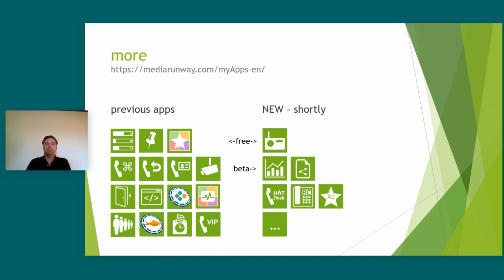And the radio app, you can hear radio, and if a caller calls you and you take the call, the radio app will be stopped. And if you release a call, then the radio app plays again.